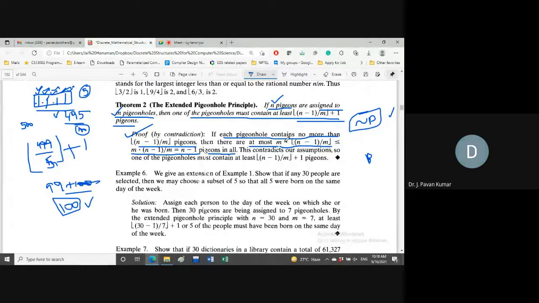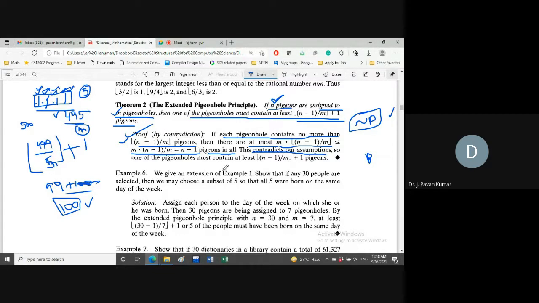N pigeons. So when all the pigeonholes are assigned no more than these many pigeons, we would be assigning only n minus 1. But we have n pigeons, which is a contradiction. So this contradicts our assumption that n pigeons are assigned to m pigeonholes.